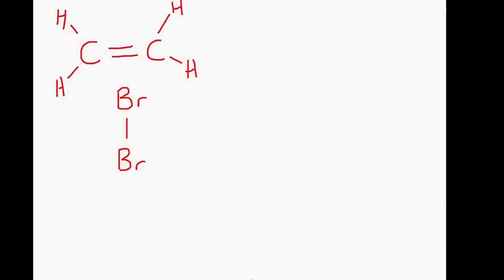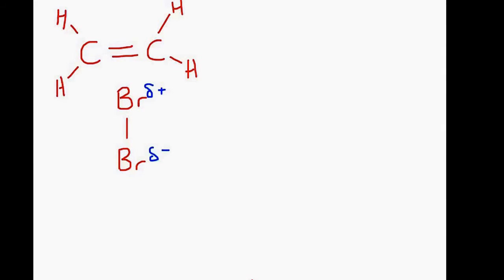This means that above and below the molecule, in that double bond, there is a high density of electrons, because they're not being shared between the two nuclei. So it's a lot of negative charge in one place. When a bromine molecule becomes close to that double bond, the electrons in the bromine molecule are going to be pushed away towards the opposite end of the molecule.